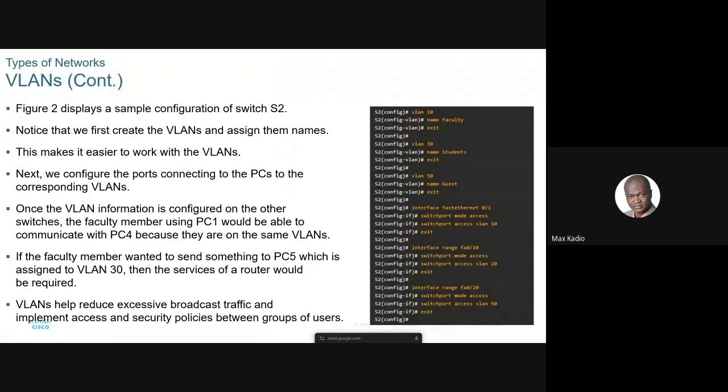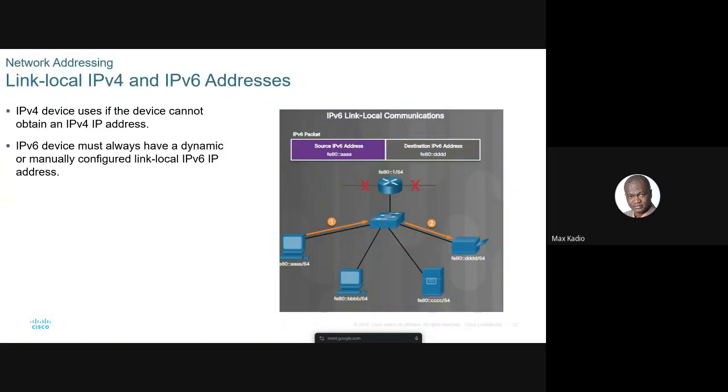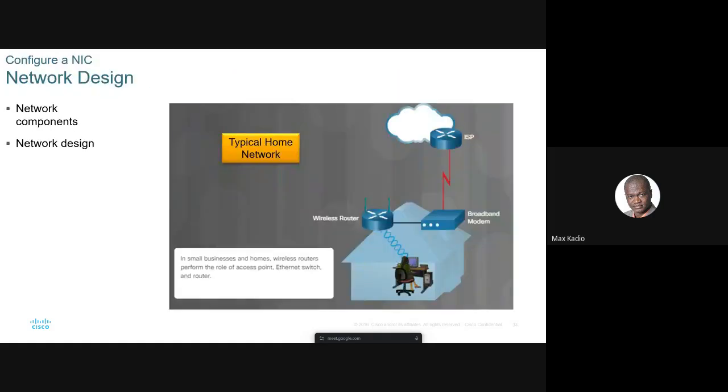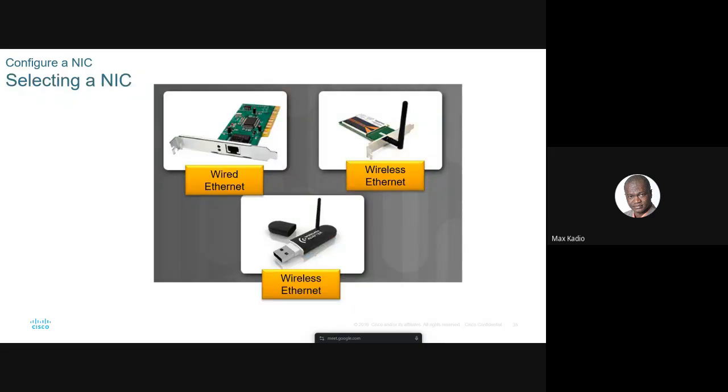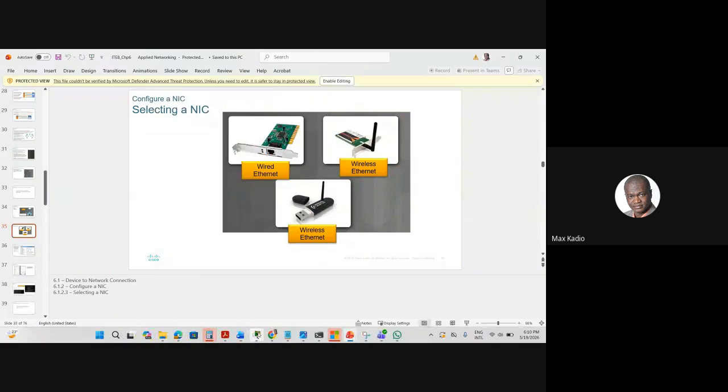Okay, this one you can skip. It's for CCNA. You can just read to get an idea, but it's not too much for us. So if you have a PC or a laptop, you need a network interface card. If you want to use a network cable, you plug the RJ45 here, and you plug the other end to your switch.